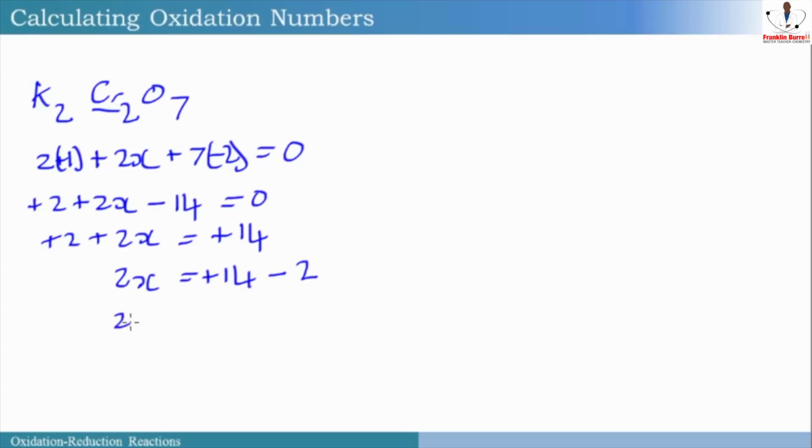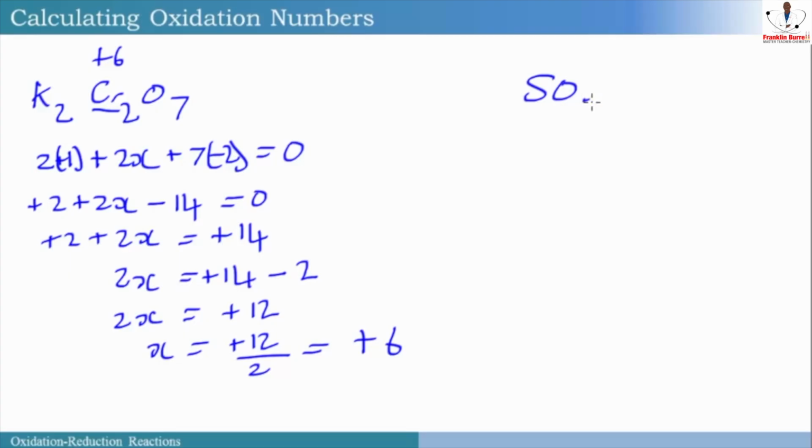So really what we have now is 2X equals 14 minus 2, which is 12. So X now equals +12 divided by 2, which is equal to +6. So the oxidation number on Cr here is +6.